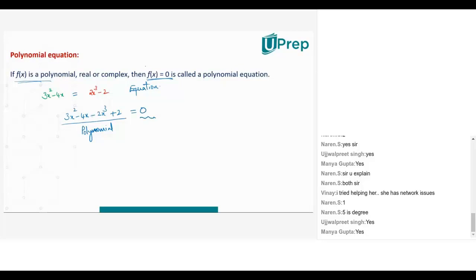Whenever we want to talk about the characteristics of an equation, we need a standard way of defining. In that standard way, what we always do is we try to make the right hand side 0. Even if it is not 0 in an equation, it is still an equation only, nothing wrong in it. But this is not the standard form. This is called the standard form.